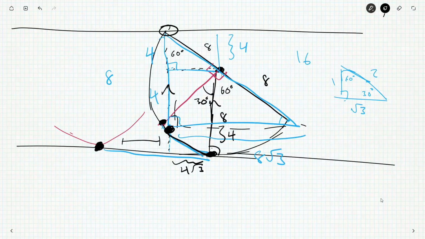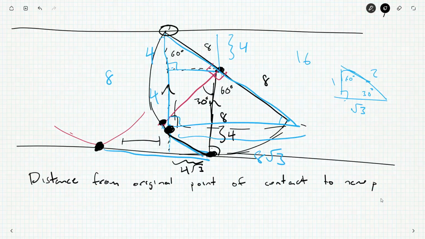So if they're 30 degrees, the distance from the original point of contact to the new point of contact is equal to a 30-degree arc of the circle, well, the semicircle.